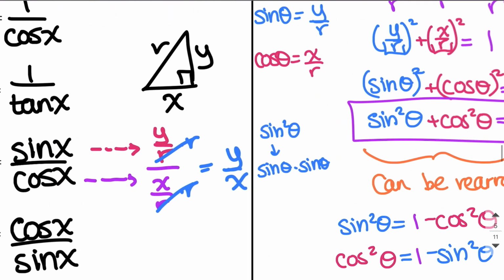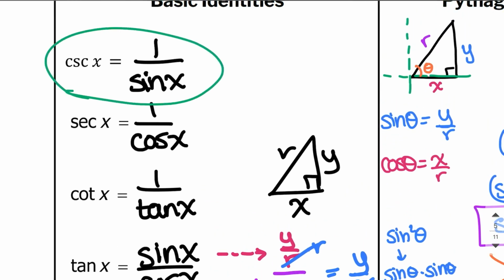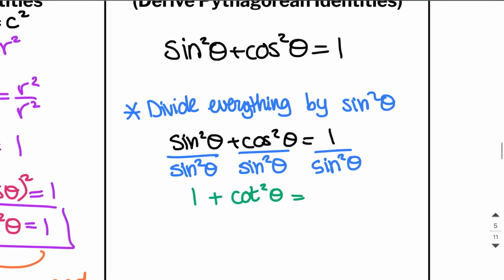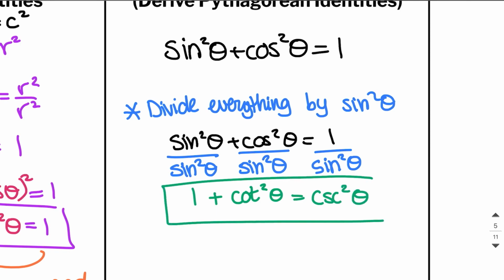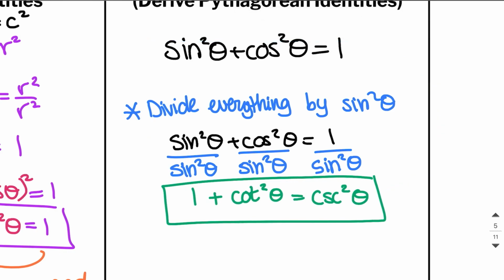And then 1 over sine squared theta right here, we know that 1 over sine is cosecant, so 1 over sine squared would be cosecant squared theta. So right here we can say that this is equal to cosecant squared theta. And here's another trig identity, which is pretty much equivalent to this one, but it will be helpful to us as we move forward, okay?